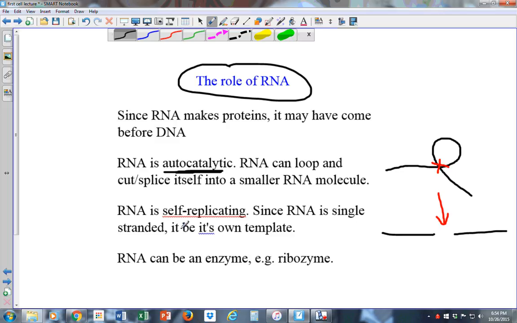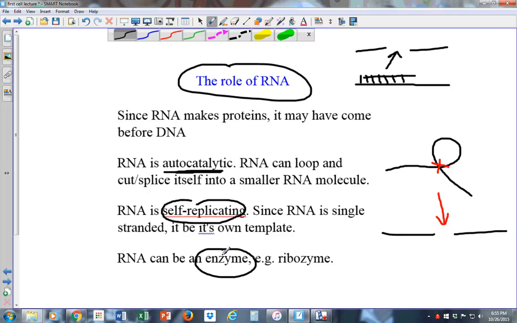But here's another thing. RNA can also be self-replicating, right? So if you have an RNA molecule, it can actually make a copy of itself, right? And then they separate off into two pieces of RNA. RNA can copy itself. And here's actually a third interesting function. RNA can be an enzyme.